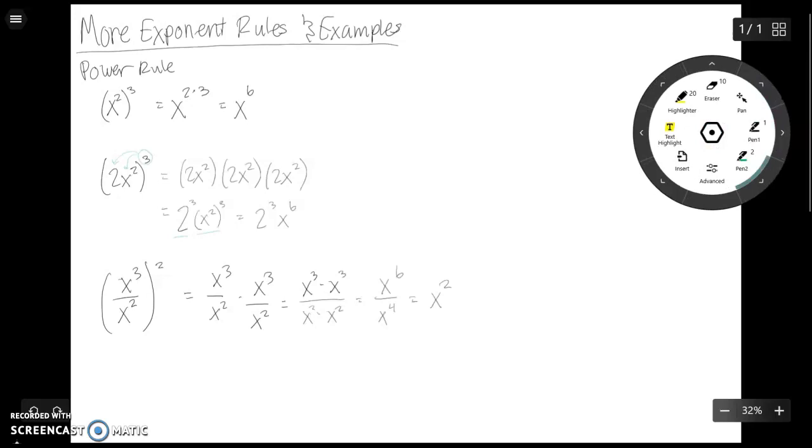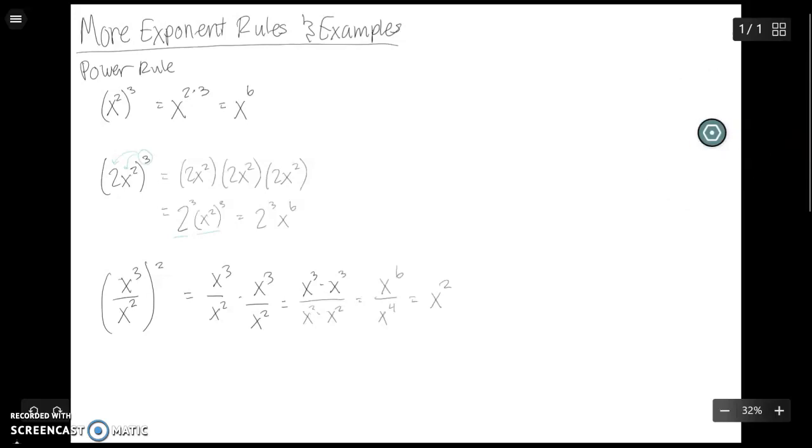So let me switch colors again and show you what I did with this one. This is very similar to what we did in the previous example, where if we wanted to do a shortcut of this, we would need to take this squared on the outside and distribute it to every term in the top of our fraction and every term in the bottom of our fraction.